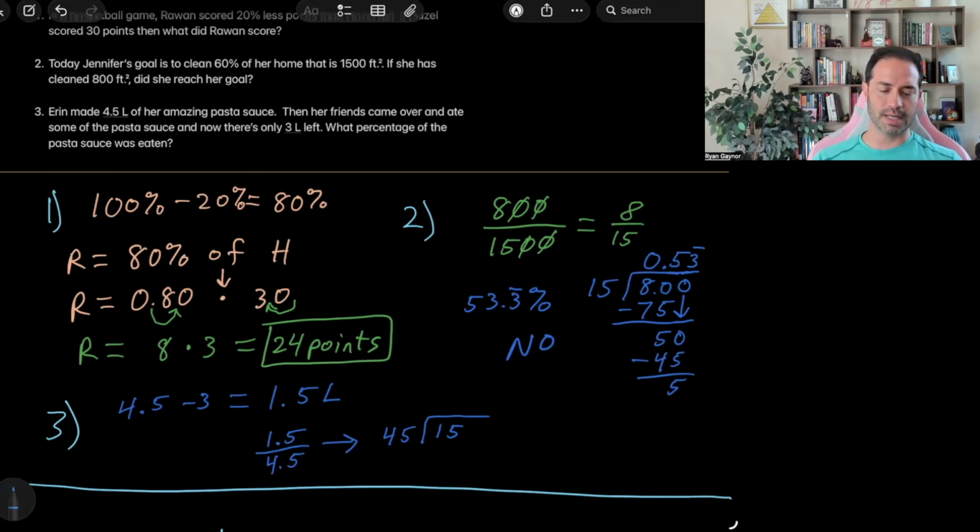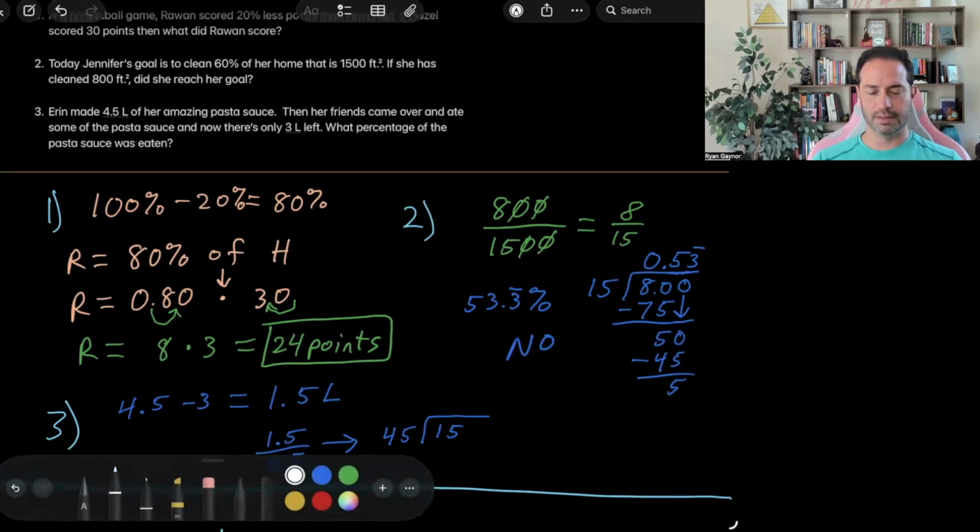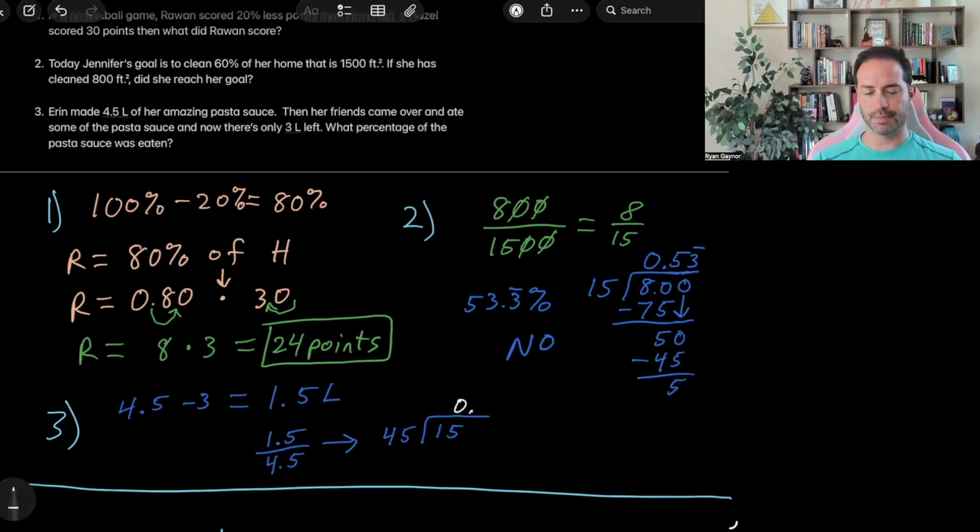All right, so now we just ask ourselves, how many times does 45 go into 15? Well, that would be 0 times. So now we pretend like this says 15.0. Now it does say 15.0. We're pretending that it says 150. So how many times does 45 go into 150?